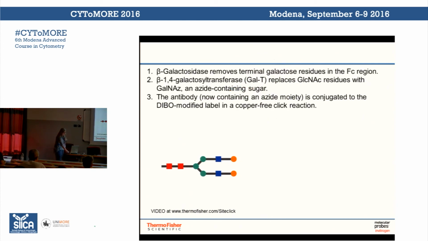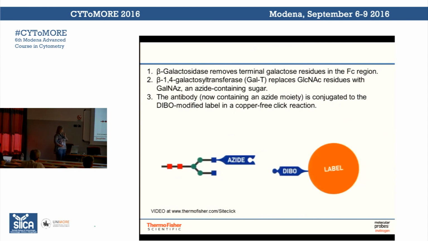So the first thing is beta-galactosidase removes the terminal galactose in the region there. And then GalNAc residues are replaced with an azide-containing sugar. And azide is one of the components of the click reaction. And so now this antibody contains the azide. And we come in then with a DIBO label.